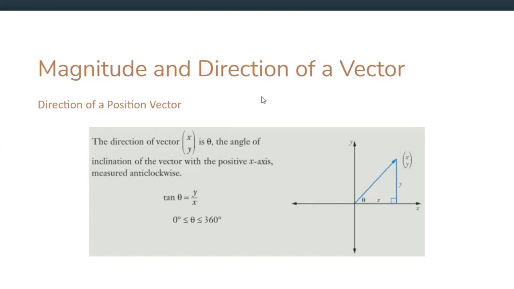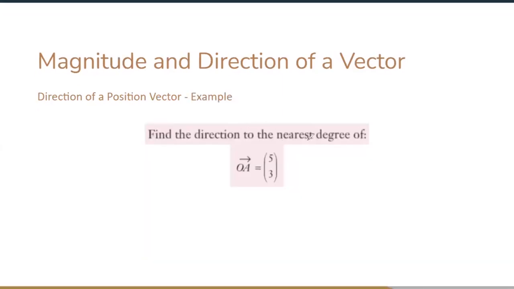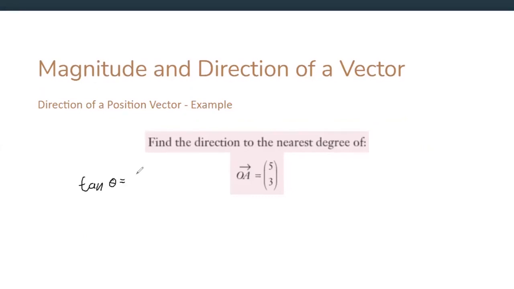Anyway, looking at an example, if we want to find the direction to the nearest degree of OA, well, the formula is tan theta is equal to y over x. And so in this case, our y value is 3, and our x value is 5. So it's going to be 3 over 5 from our y over x.